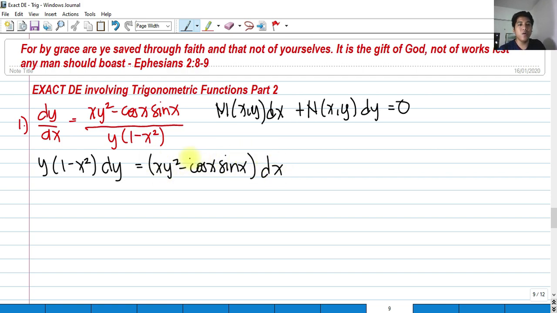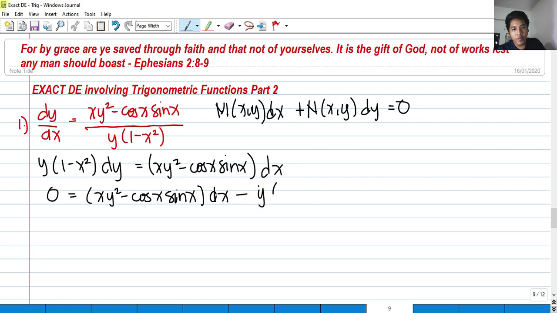I'm going to transpose this to the right side, so I'll be having 0 equals xy squared minus cosine of x sine of x dx minus y times 1 minus x squared dy equals 0.